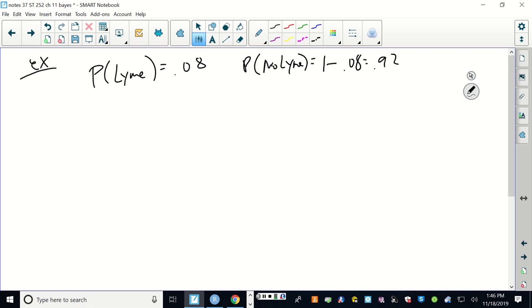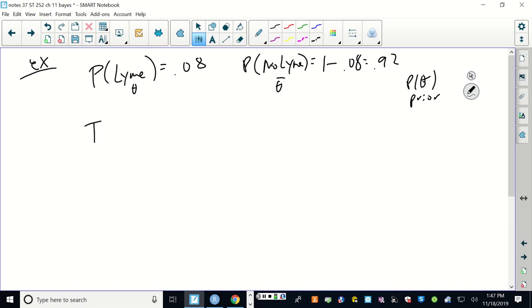So 8% have it, 92% don't. This is like our P of theta, like our prior knowledge at this point. Theta is kind of the state of the world: having Lyme disease, and the opposite of theta is not having the Lyme disease. So it's one or the other. It's not much of a parameter, it's kind of yes or no in this case.